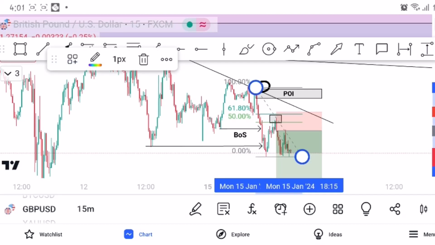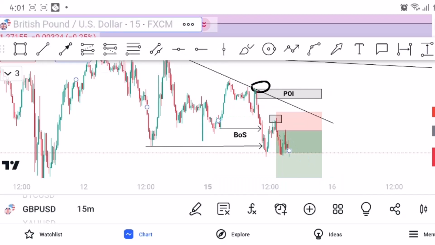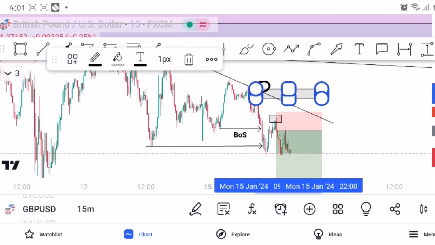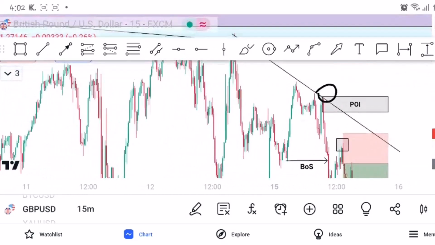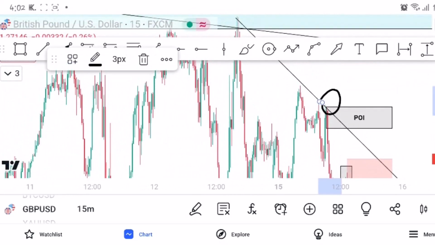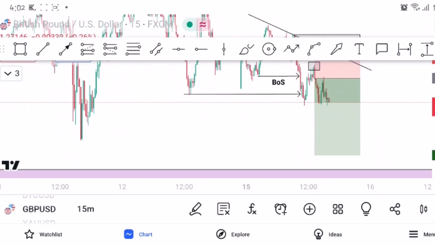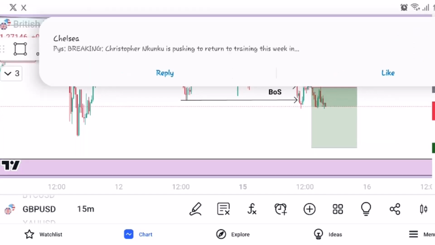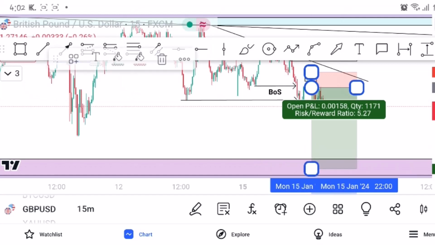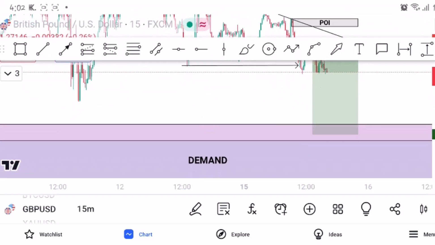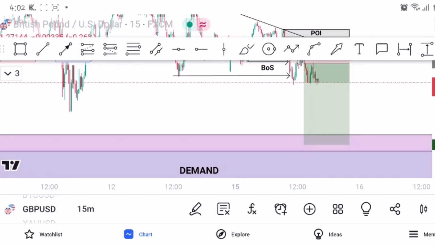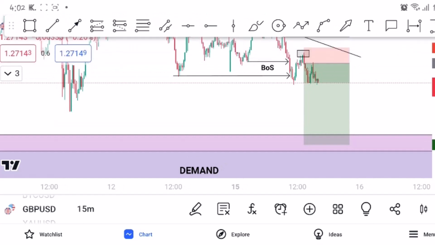So let me just clear this chart to have minimal clutter on my screen. So this is still moving. And where am I expecting price to go to? I'm expecting price to move into this level here, within this demand level. That is what I'm expecting price to get to. But currently, price is still moving in my favor.